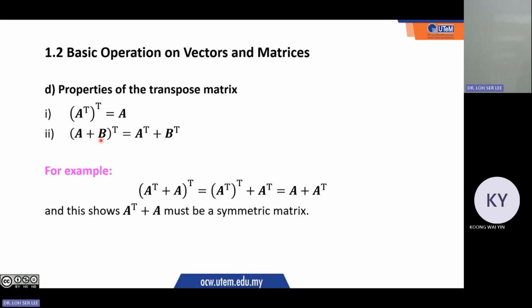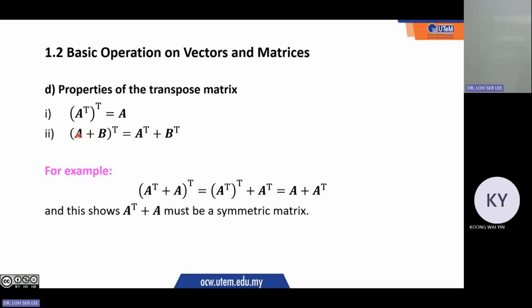So (A plus B) transpose equals A transpose plus B transpose. You can sum up A plus B and then carry out the transpose, and it will be the same as transposing A, transposing B, and summing up those two matrices. For example, A transpose plus A, in a bracket, transposed.